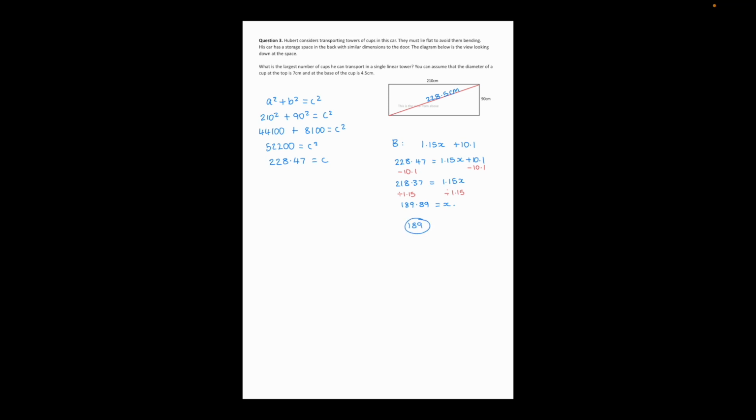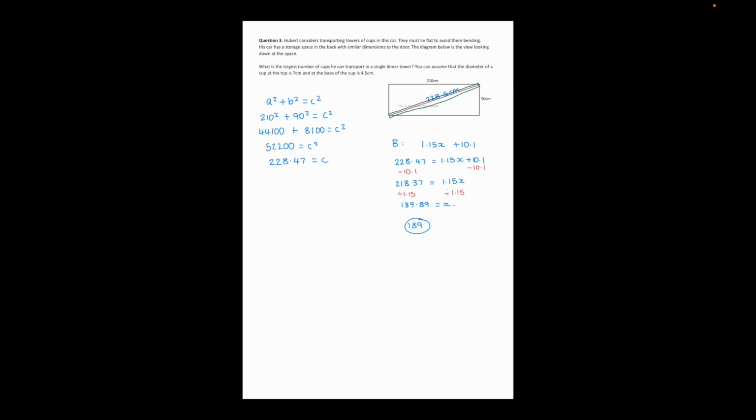However, I now need to think about this in terms of real life. If I have 189 cups, that's assuming that my cups are going to be stacked like this in a straight line.